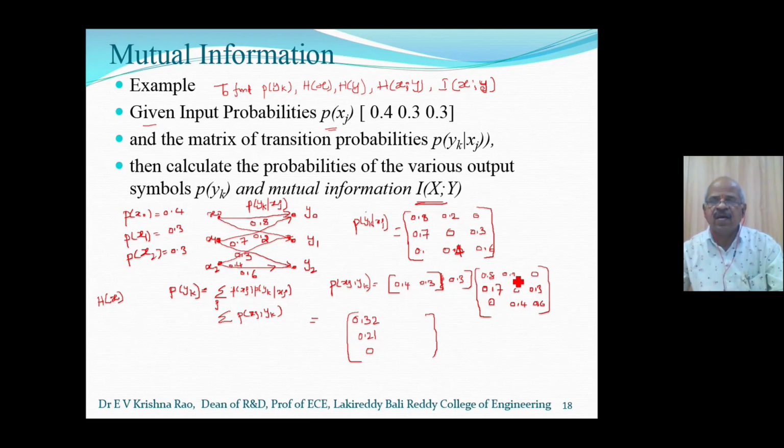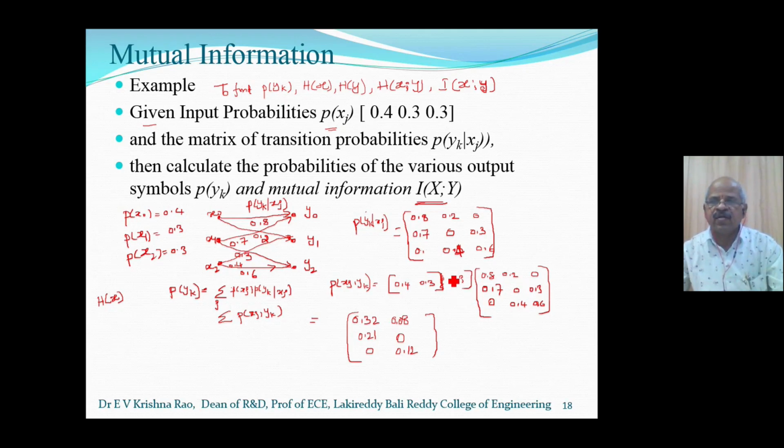And similarly, P(y1 at x0) into P(x0): 0.2 into 0.4 is 0.08. 0 into 0.3 is 0. 0.4 into 0.3 is 0.12.